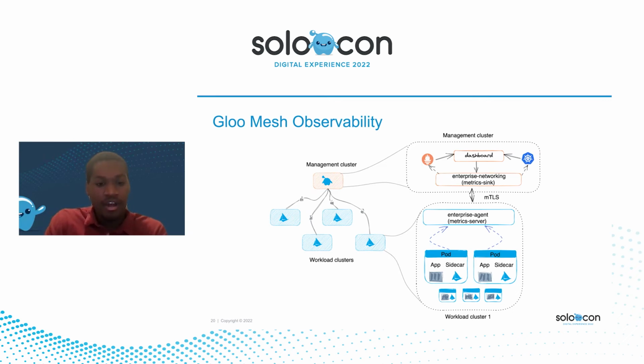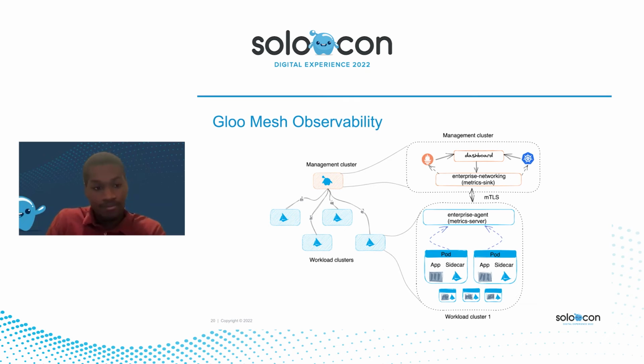And it can be used to show some really powerful graphs. The dashboard specifically queries Prometheus and the Kube API to provide a single place for viewing all of the service mesh data. But you can also, as I mentioned, hook up Grafana for custom-made dashboards in the management cluster. And it will show you all the data for all of your workload clusters. And Shane will actually talk a little bit more about the Gloo Mesh dashboard now.